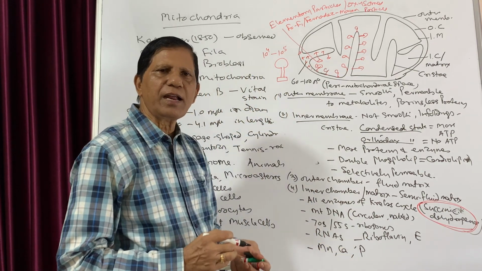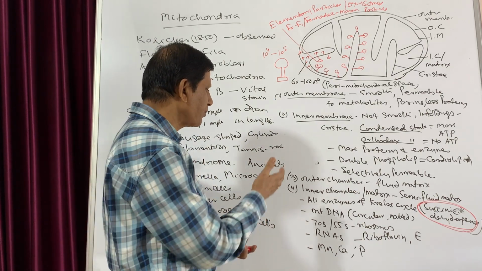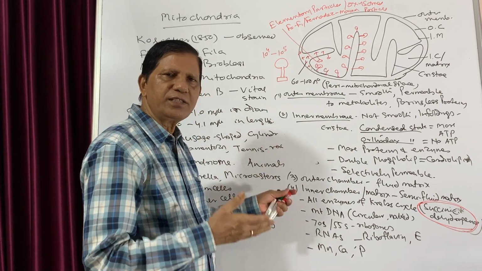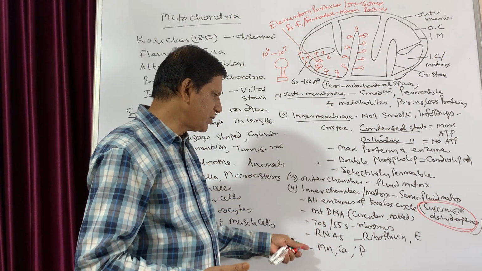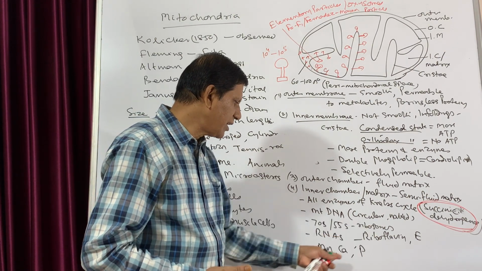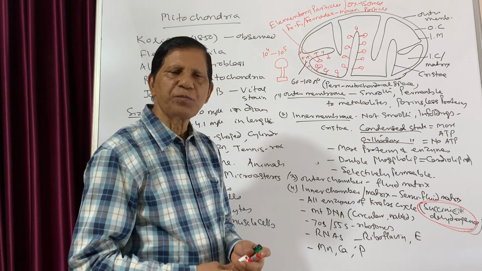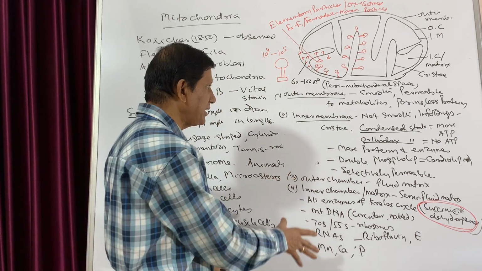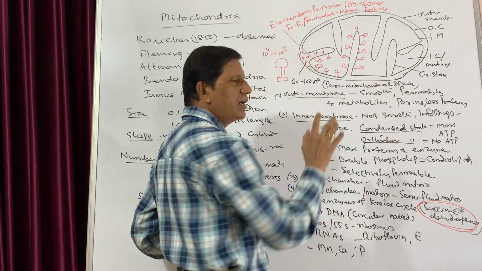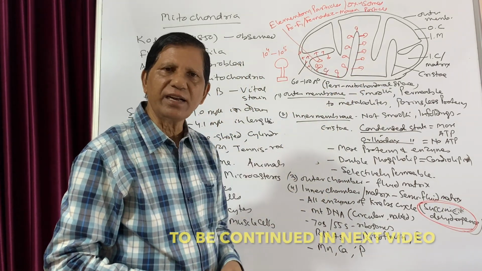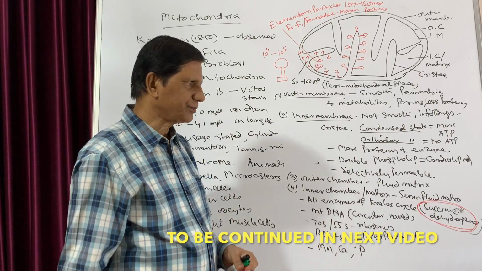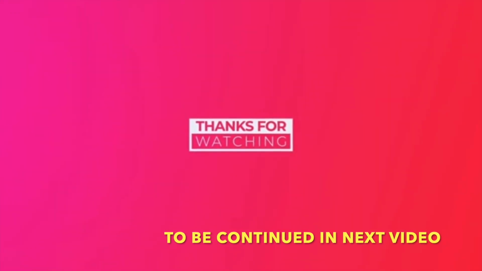That means this is the chemical constitution: proteins, lipids, DNA, RNA, ribosomes, and vitamins, as well as different minerals in traces. All these things are present within the mitochondrial matrix, where the TCA cycle or Krebs cycle takes place.